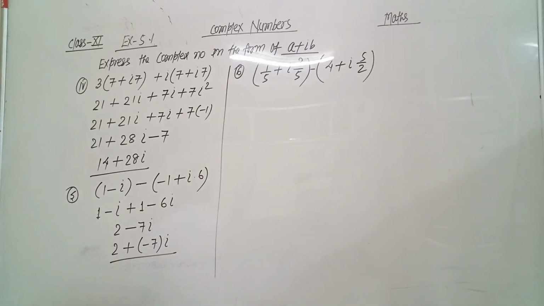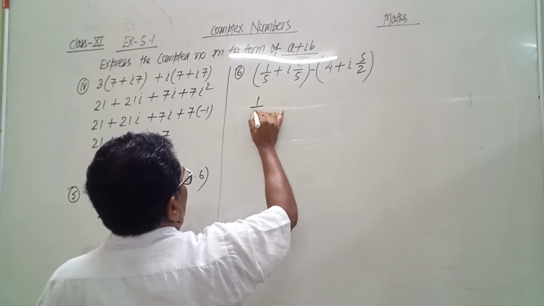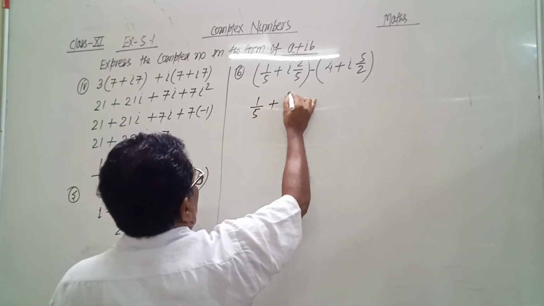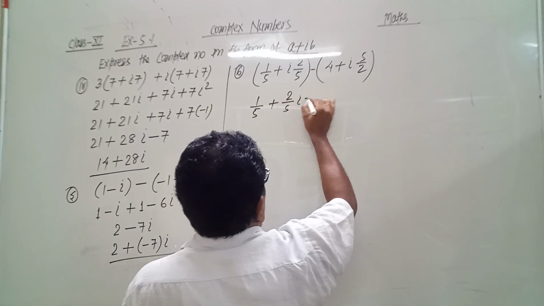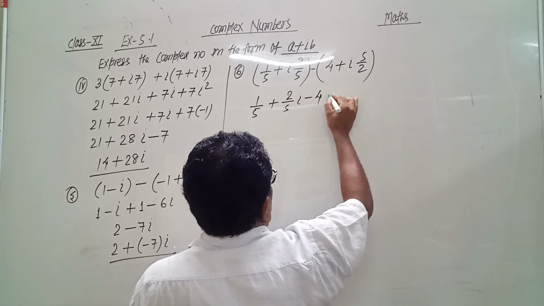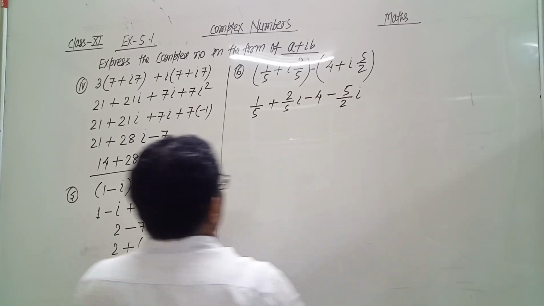We have to express in the form of a plus ib. So we remove the brackets and it would be written as 1 by 5 plus 2 by 5 i, and minus 4, and minus plus minus 5 by 2 i.